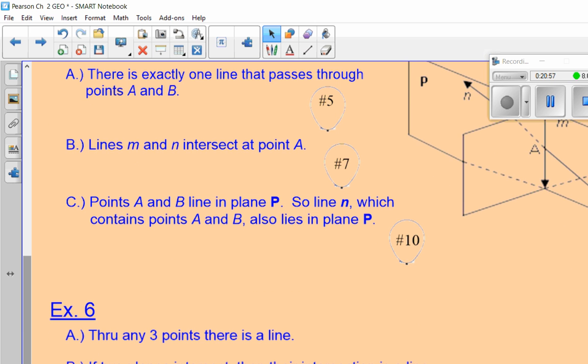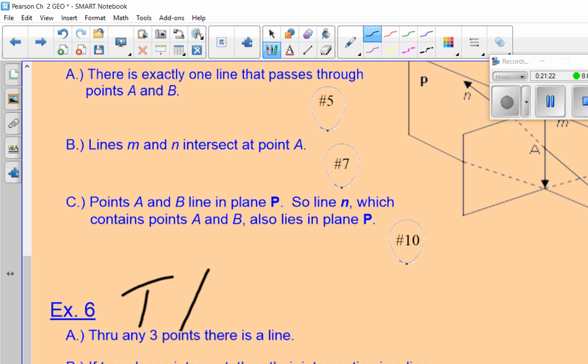Through any 3 points, there is a line. For example, number 6. Actually, why don't you guys write these ones down? So I'll give you a second to do that. Okay, we want, are these statements true or false?